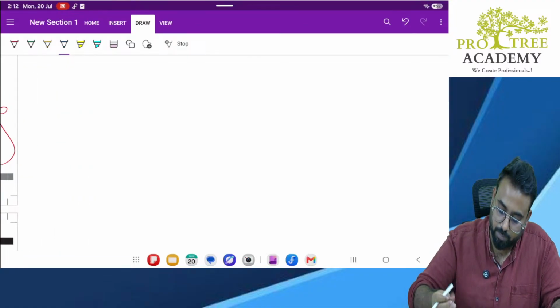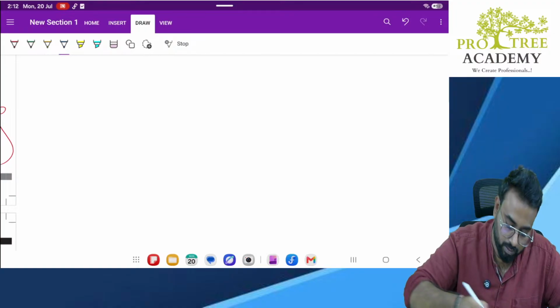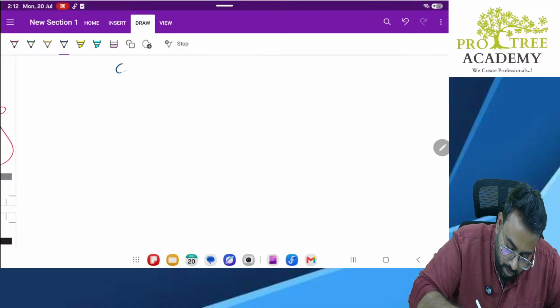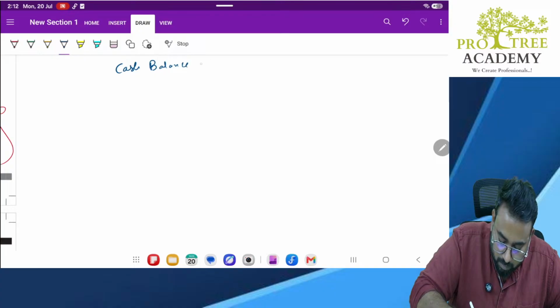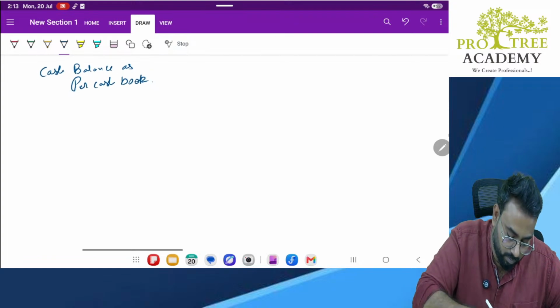Now understand the concept first. Say there are two ways. One, you start from the cash balance as per cash book.